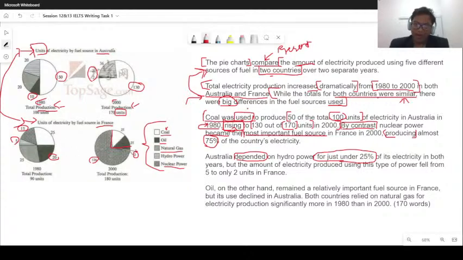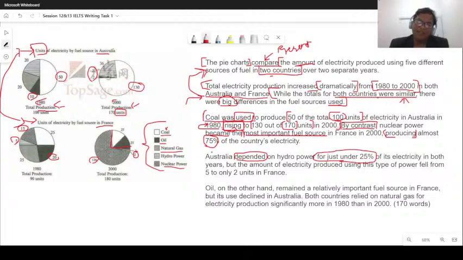In the second paragraph, it focuses on the significance, right? On the highest data, the highest numbers, or the highest changes, right? 50 to 130, and then here nuclear became the most important fuel resource in France. So this is like the biggest value, right?